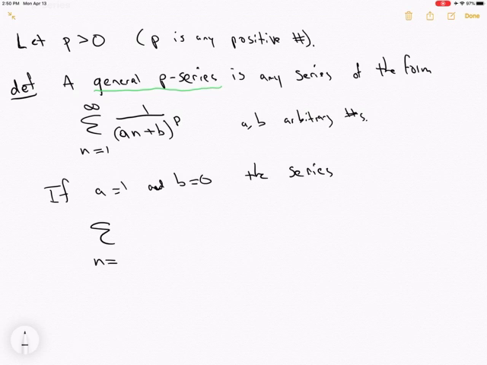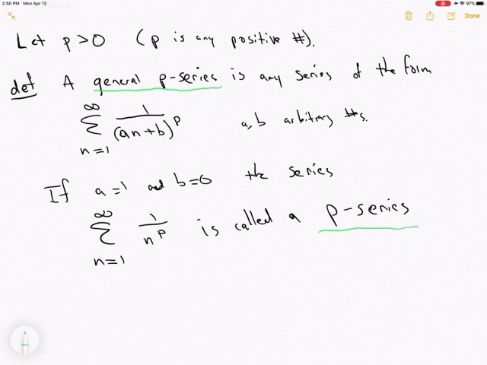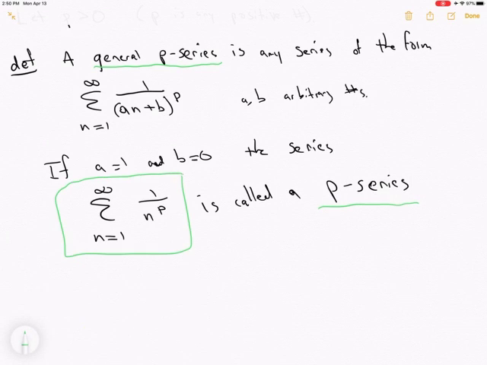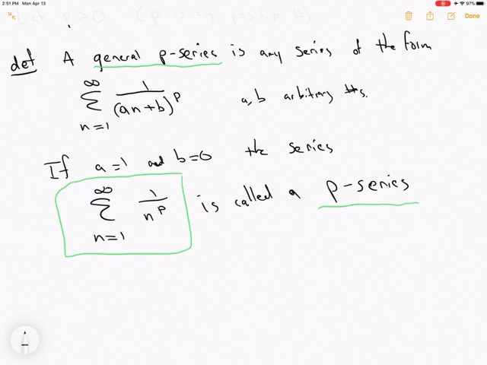Summation n goes from 1 to infinity of 1 over n to the p, and this is just called a p-series. So it's a specific type of a general p-series. So series of this form are called p-series. So you fix the power, and you're taking sums over these powers here.